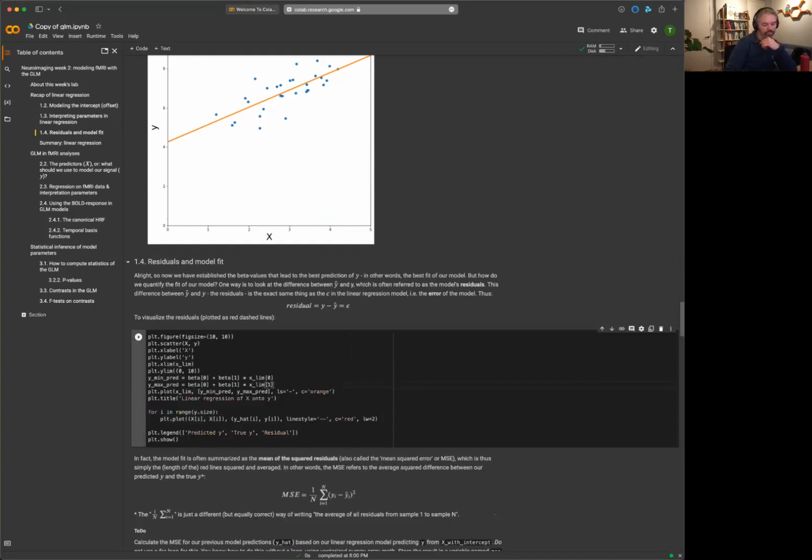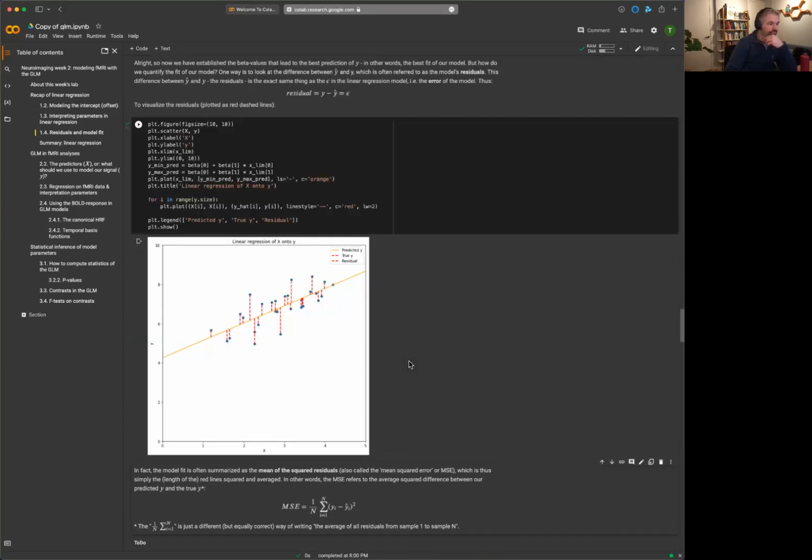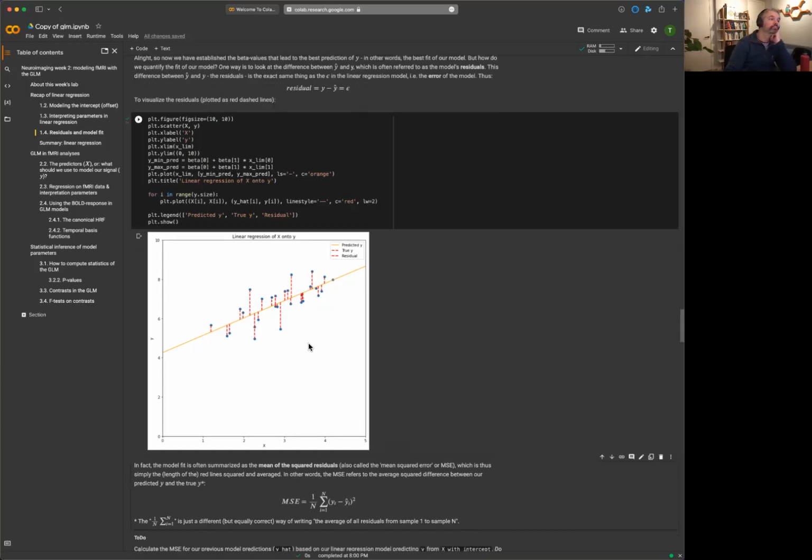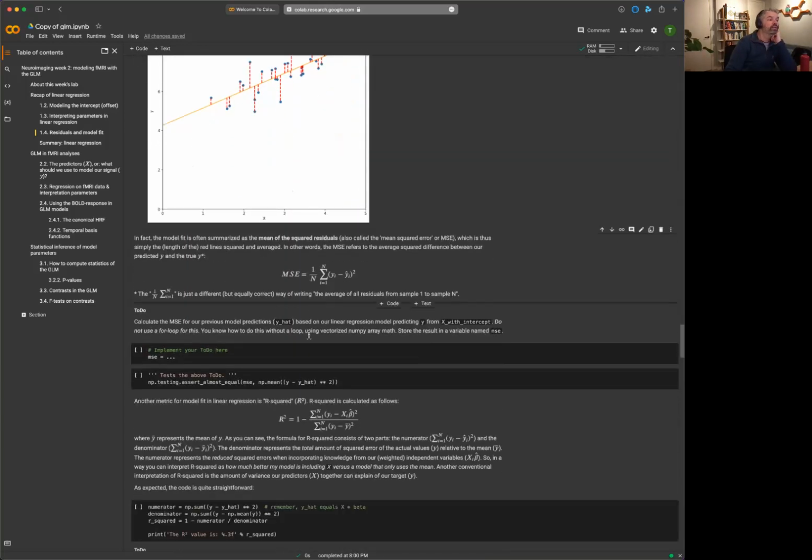So let's have a look at the structure of the residuals. All right, so these are the residuals. These are the distances of the points of the data to that best fitting prediction, that best fitting model. We can calculate the mean squared error. Right, what's the mean squared error? Well, it's just the error. So that's the residual.